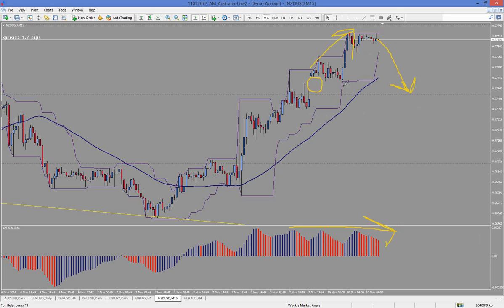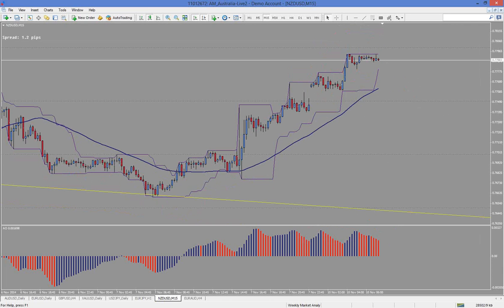So if you are trying to trade the gap, there's a little bit of merit to have a little crack at it. However, what I don't like about it is this. I'm still on a 15-minute chart. What I don't like is this little build up here. It's got this written all over it.